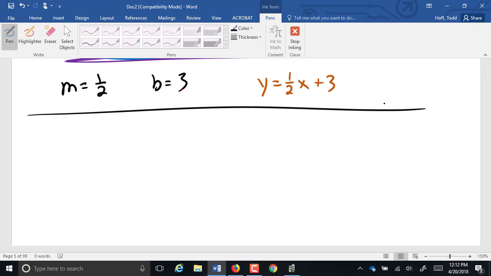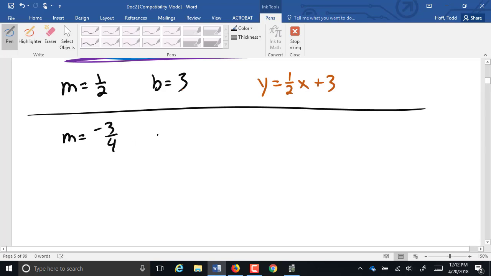Now, what if, instead of having the y-intercept, we just had a point that was on the line? Let's say the slope equals negative 3/4, and we're given that it goes through the point 8, 1.